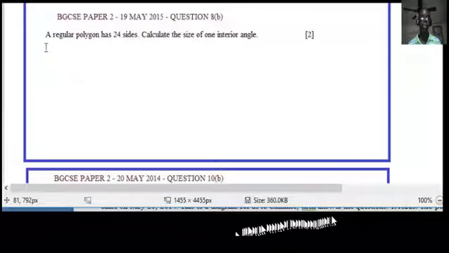Remember, this is a regular polygon. Regular means all sides and all angles are congruent, or equal. This polygon has 24 sides. 24 sides also mean 24 angles. Working your way around this problem, what you can do is find the size of one exterior angle by dividing 360 degrees by 24. Then subtract the result from 180 degrees.